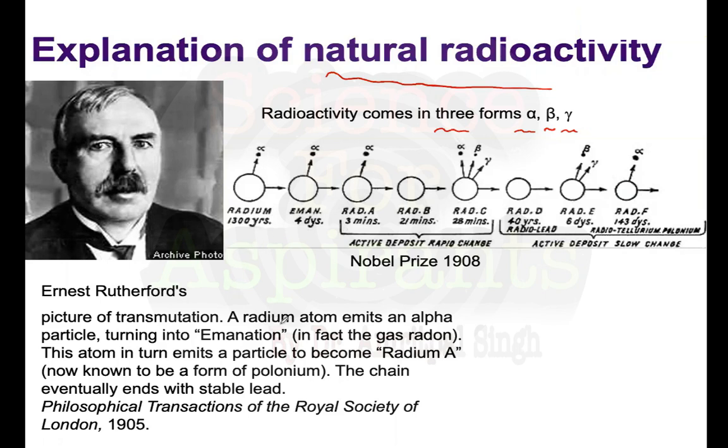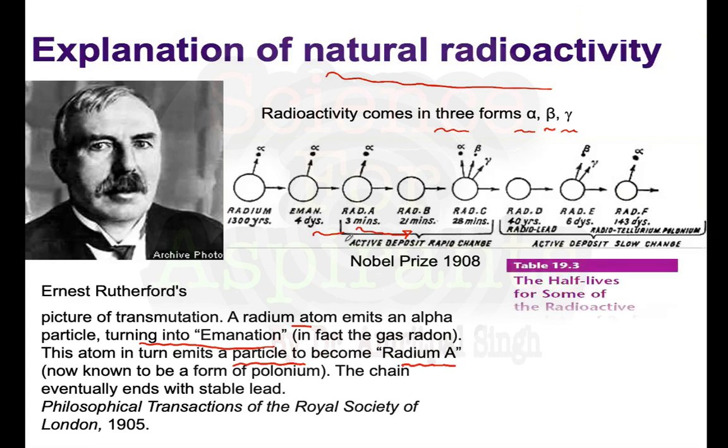A radium atom emits an alpha particle and turns into an emanation, which then emits another particle and changes its identity to radium A, and further emits another particle and changes to radium B, and so on. So the radiation keeps changing as the particles emit different radiations.